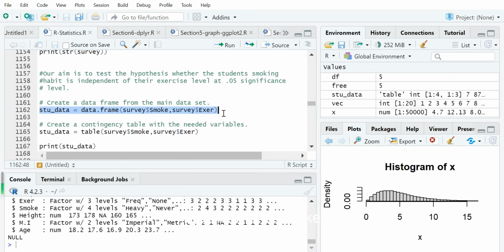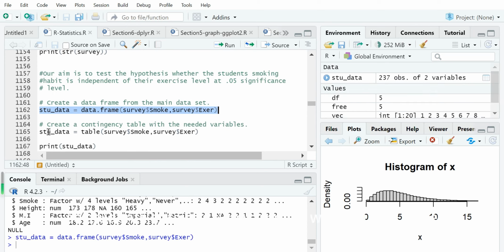So we create a data frame, taking just two variables, Smoke and Exer, from the data frame survey. So the students data has two variables. We just use the table function for these two variables.